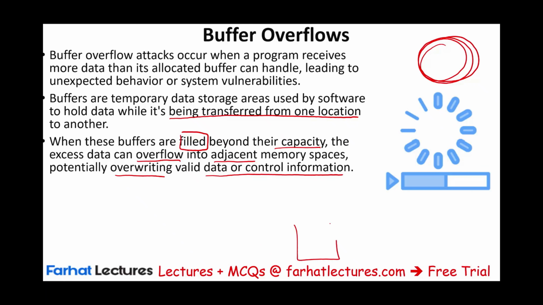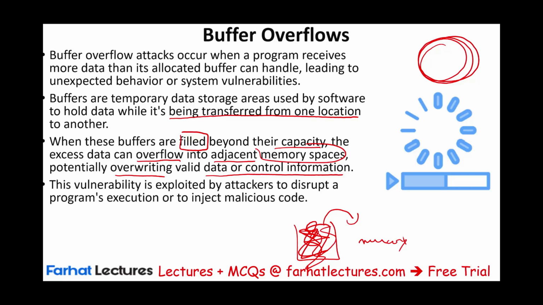Think of it like a cup or a storage. Once that storage is filled, this is the extra buffer. But once that extra buffer is filled, the information might go into the adjacent memory. We have a memory here, and by going into that adjacent memory, it might overwrite valid data or information. And what does that mean? This vulnerability is exploited by attackers to do what?